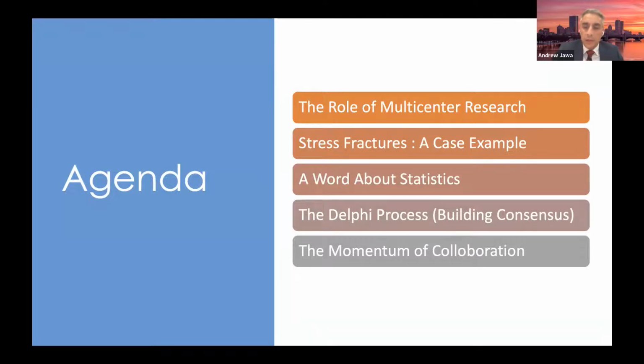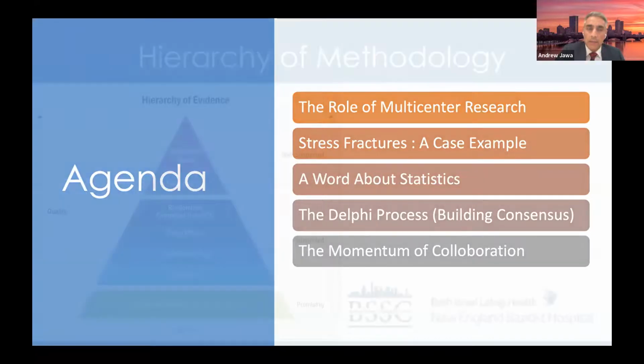So I'll give a quick slide on that. I'll delve into the Delphi process, what it is, how it works, give a couple of examples, but certainly we'll answer a lot more questions about that. And then the momentum of collaboration, how it feels good and wants you to do more, and getting on to the next steps.